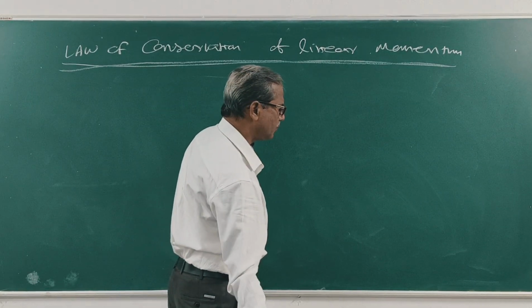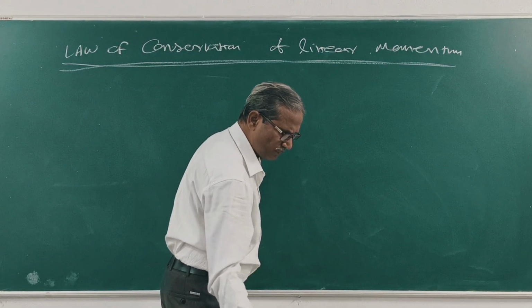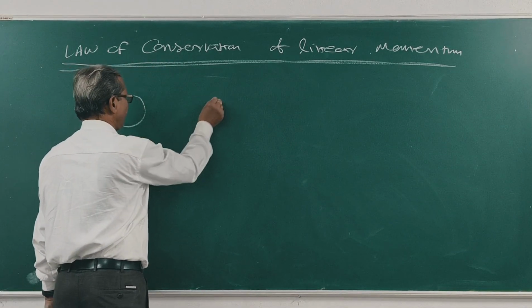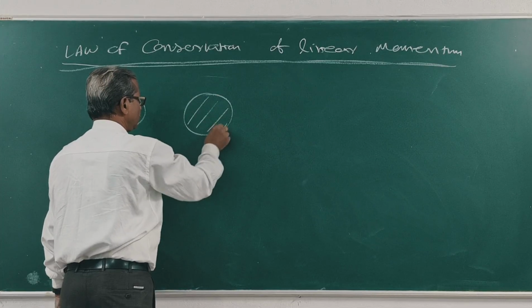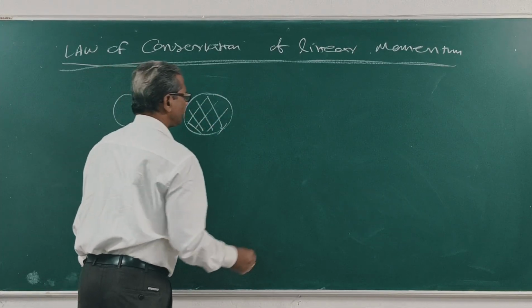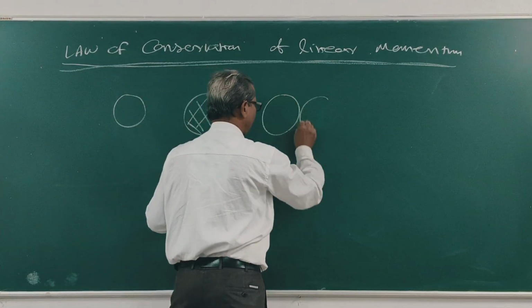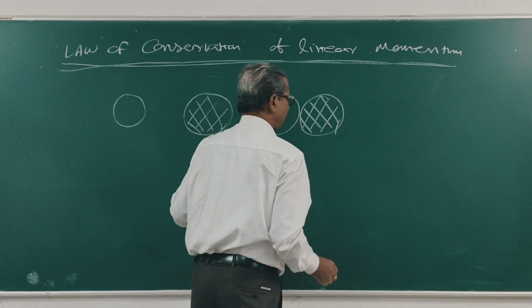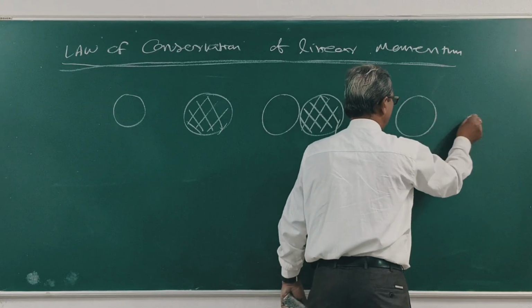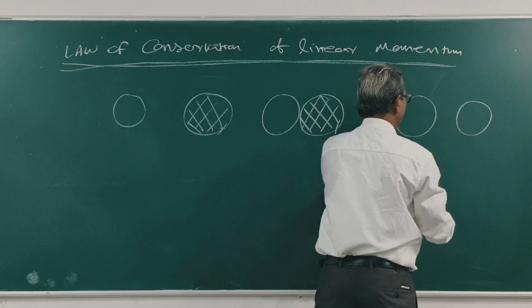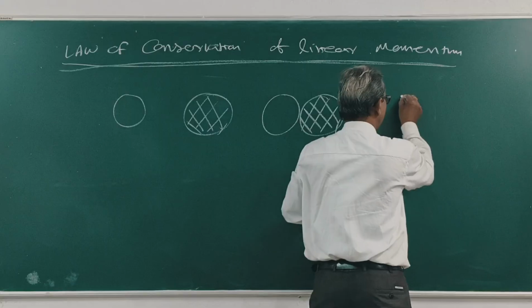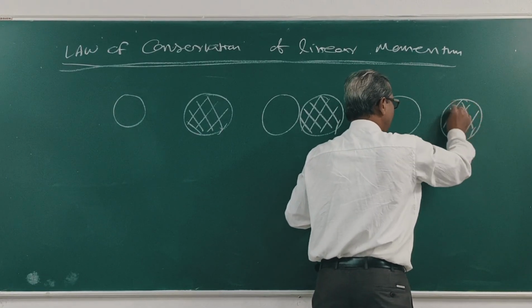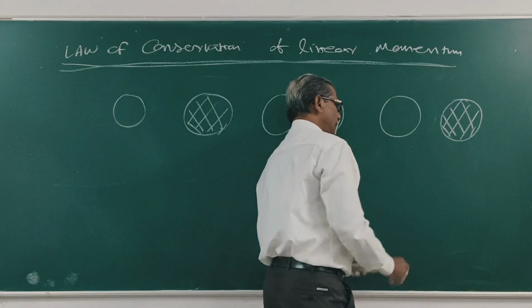Suppose we consider two bodies. This is body 1, body 2. This is before collision, this is during collision, and this is after collision.